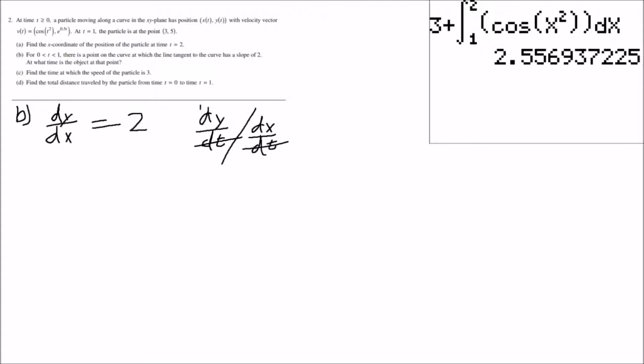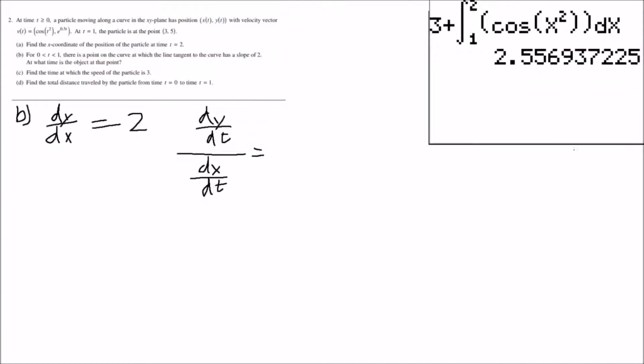Well, what is this right here? This dy dt is going to be this up here, your e to the power 0.5t. Why? Because velocity in the y direction is equal to your derivative of y. Okay, cool. Same with velocity in the x direction. That's the derivative of your x. Sweet.